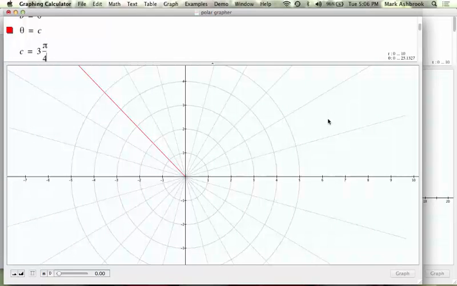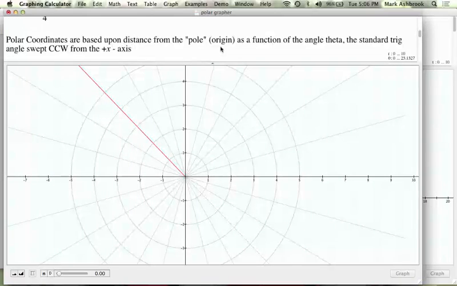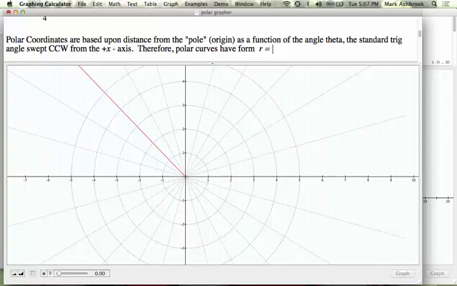So polar curves. I kind of mentioned that here. Polar coordinates are based on distance from the pole as a function of the angle theta. So therefore, polar curves have the form r equals a function of theta.